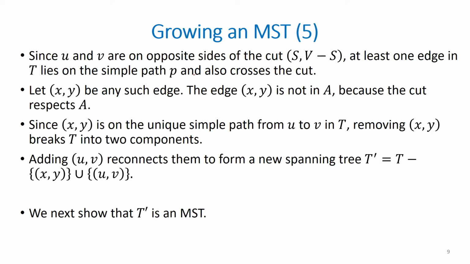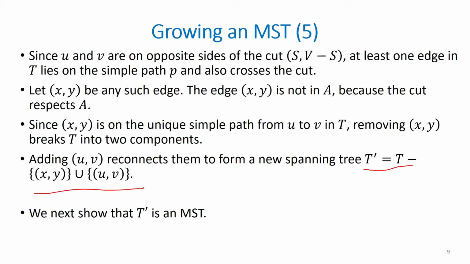This edge XY is not in set A though, because we said that the cut respects A. So, if we remove edge XY, it would break T into two parts that are not connected. If we add edge UV to connect the two parts, it would form a new spanning tree denoted by T prime as shown here.